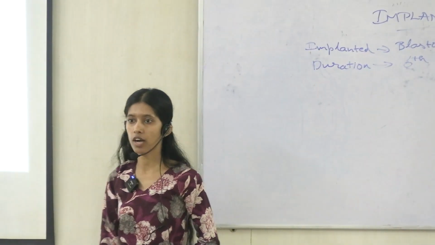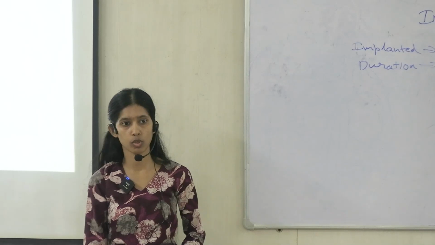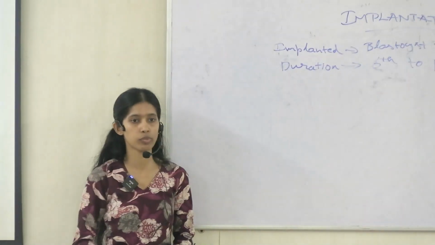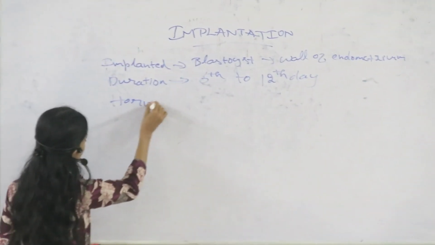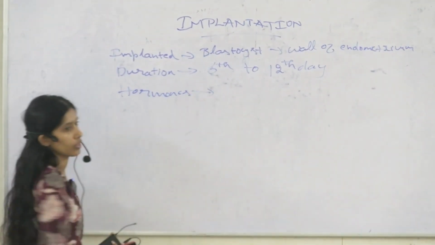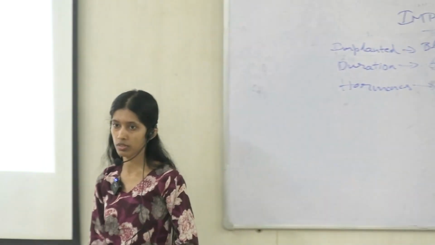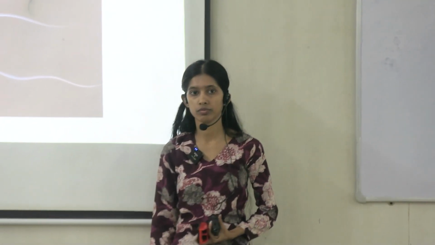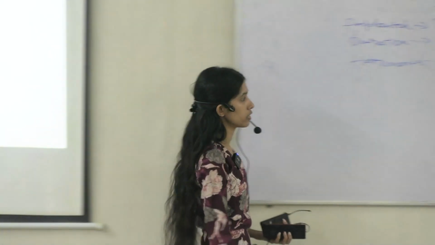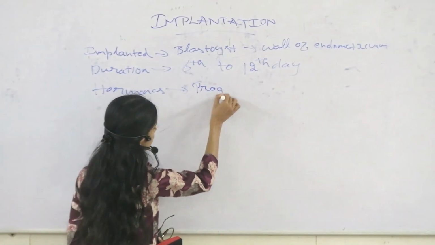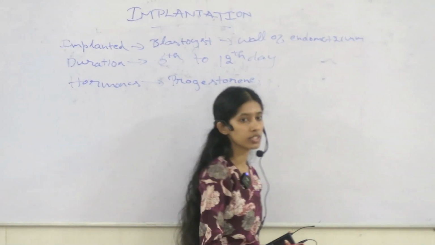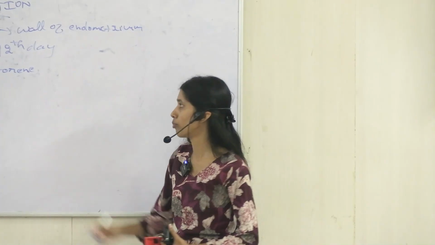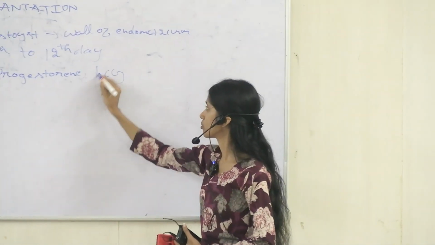What are the hormones involved in the implantation process? Before the implantation, progesterone is the hormone that helps the implantation process, and after the implantation we can see the involvement of HCG hormone.